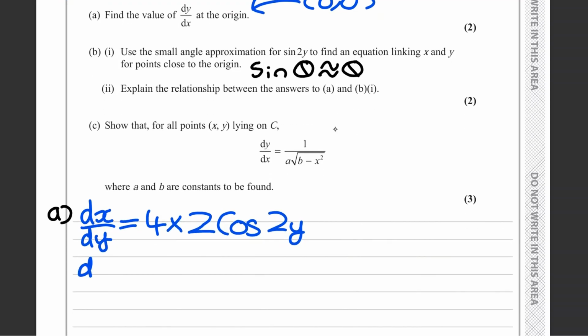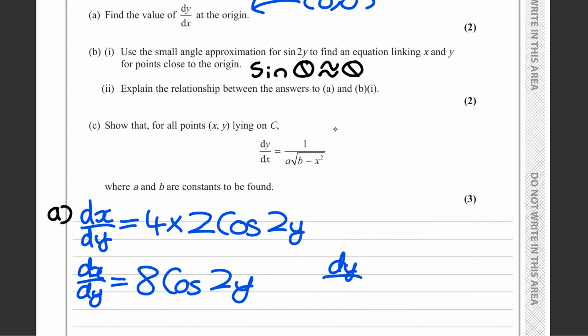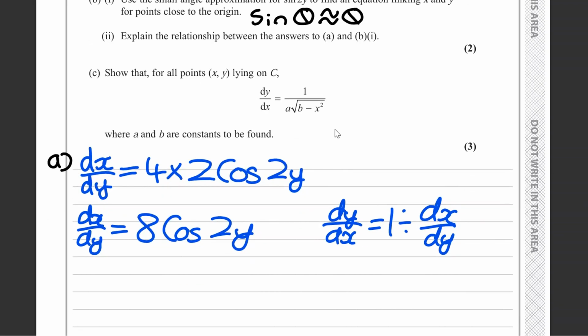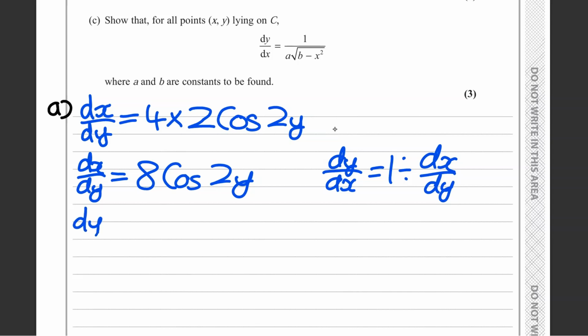So therefore dx over dy is equal to 4 times 2, which is 8 cos 2y. So dy over dx is equal to 1 divided by dx over dy. So therefore dy over dx is equal to 1 divided by this 8 cos of 2y. So it's going to be 1 over 8 cos of 2y.